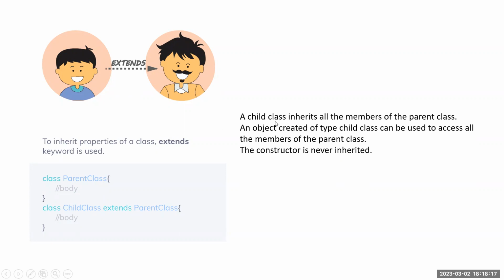As I mentioned already, a child class inherits all the members of the parent class, and an object created of type child can be used to access all the parent members also. Why? Because you extended the parent class in the child.